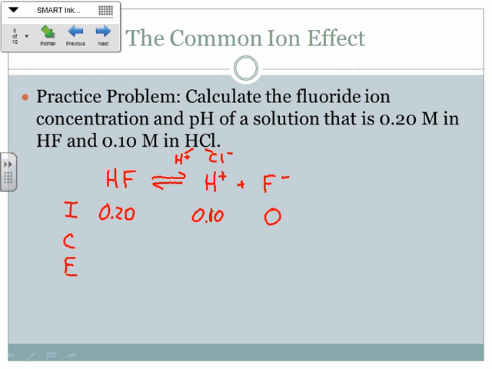So then, same thing, minus x plus x plus x. And this time we're trying to figure out the fluoride ion concentration. So we're going to be solving for x here. That x is going to give us the F minus. Let's see, we need the Ka for HF though, which is 6.8 times 10 to the negative fourth.